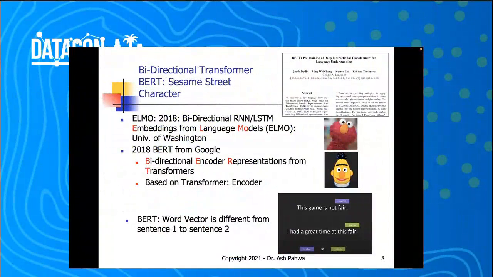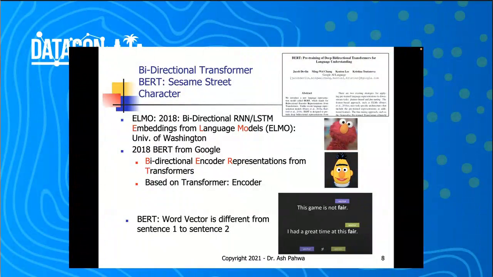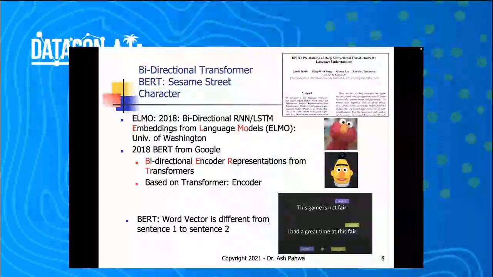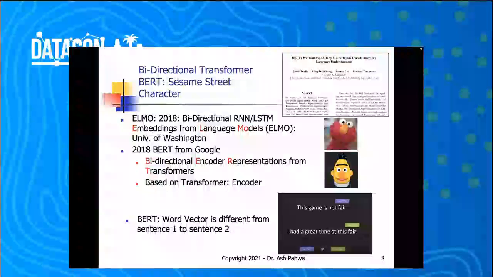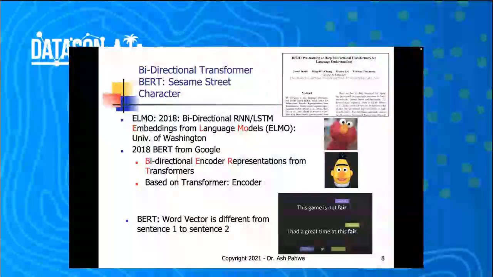So why is it called BERT? The reason is that before BERT, there was another model called ELMO. ELMO came from the University of Washington, and it is based on bidirectional RNN LSTM. They used the word ELMO, and ELMO is also one of the Sesame Street characters. Suddenly people got very excited about it for some crazy reason.